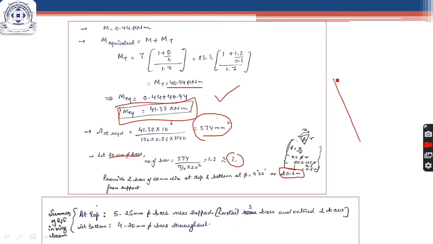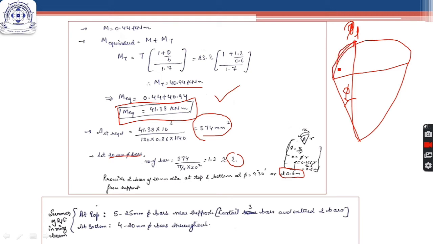So if this was your beam, and we have found the maximum torsional moment at this point, which was at P, which was at an angle of phi. So this is your support and we are talking about this point. So we have to basically find out this particular distance.